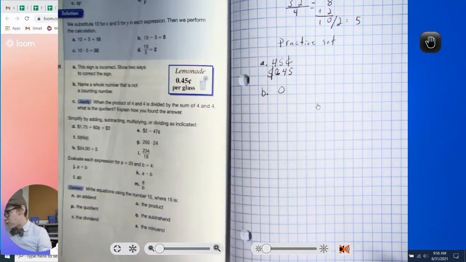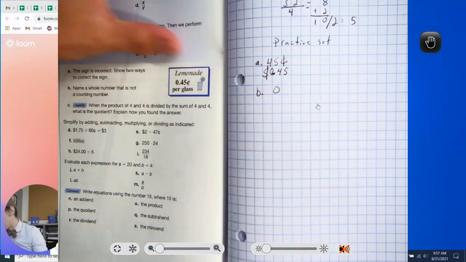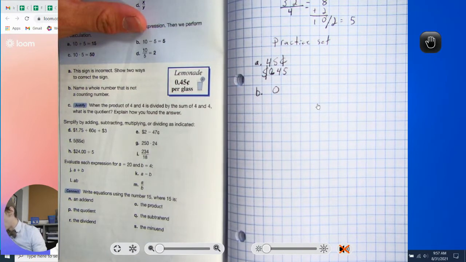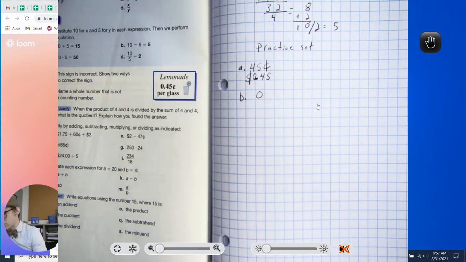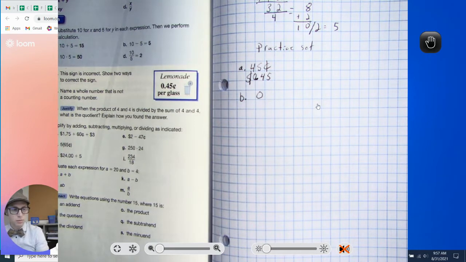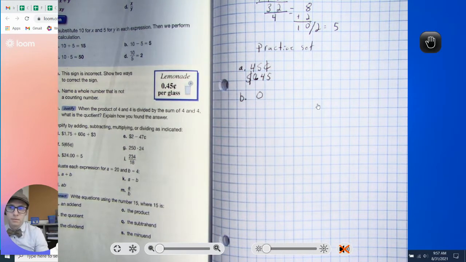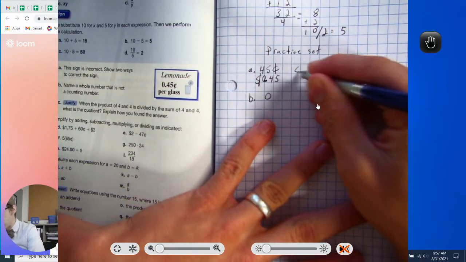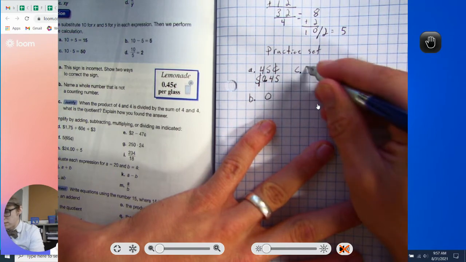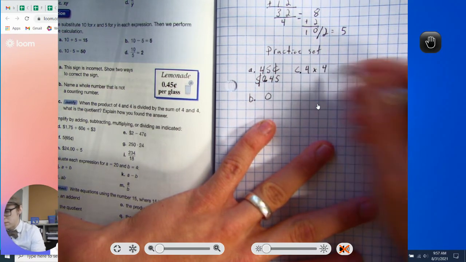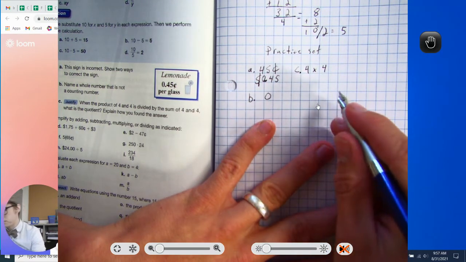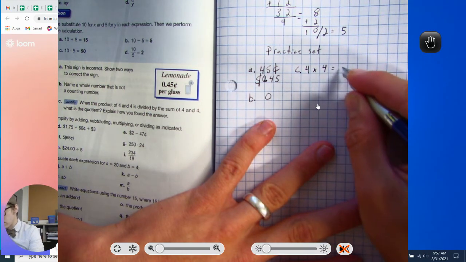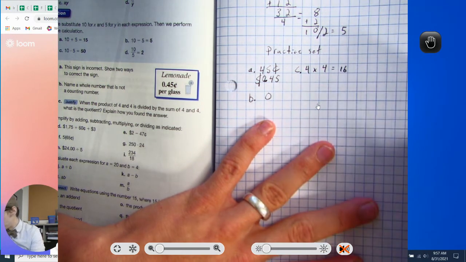All right, justify. When the product of 4 and 4 is divided by the sum of 4 and 4, what is the quotient? Okay, so this is trying to get you to think about product, sum, all those things. When we're saying product of 4 and 4, we're saying multiply: 4 times 4, a perfect square, which equals 16.